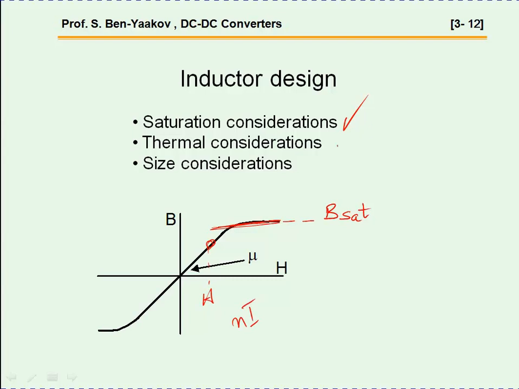Then we have thermal considerations. We have to make sure that the core, the assembly, the inductor, will not increase in temperature beyond a critical point in which the material will deteriorate, not to mention the fact that we are losing power and therefore the efficiency might go down.